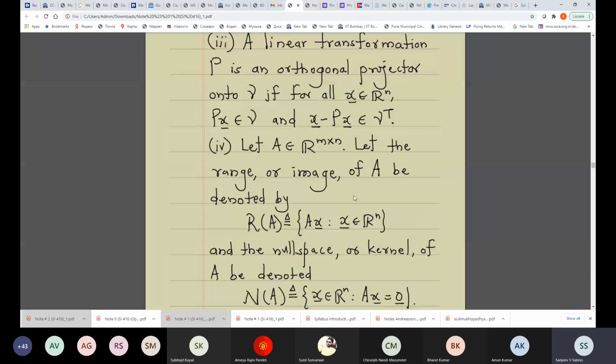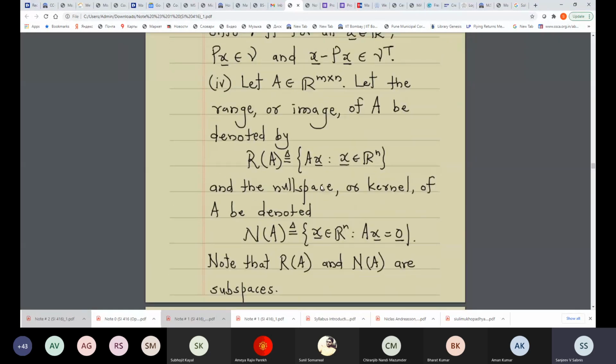Let the range or image of A be denoted by this, and the null space or kernel of A is denoted by this. And again, it's a standard result that this range and the null space are subspaces. So one can verify the definition of a subspace here.